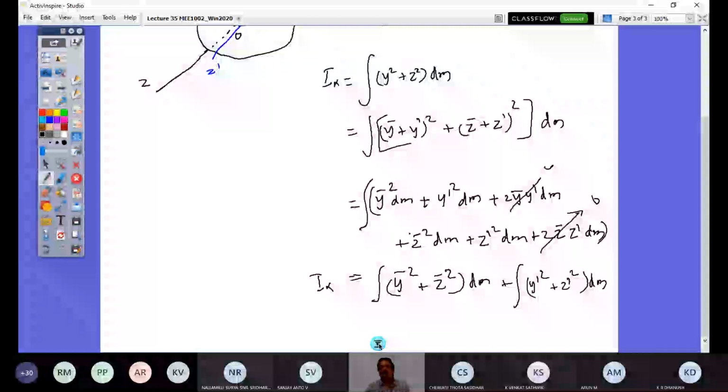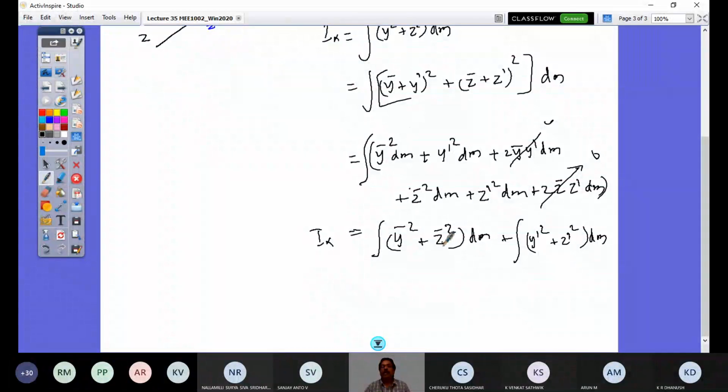So what is y bar square plus z bar square dm? These distances are of the CG location.